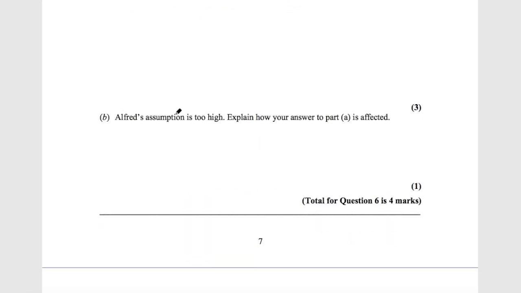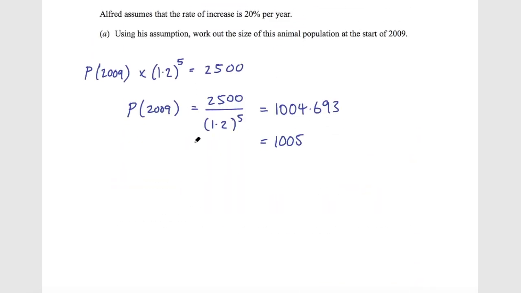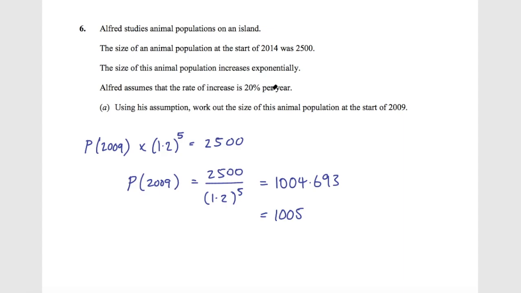Okay, part B says Alfred's assumption is too high. Explain how your answer to part A is affected. So Alfred's assumption was that the rate increases by 20% per year, and that's too high, so it's actually going to be lower than that.